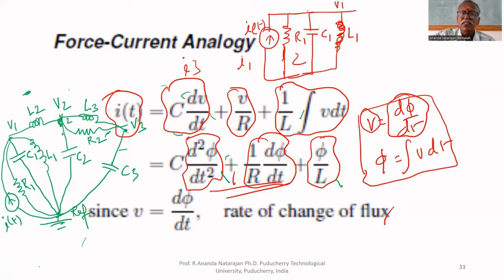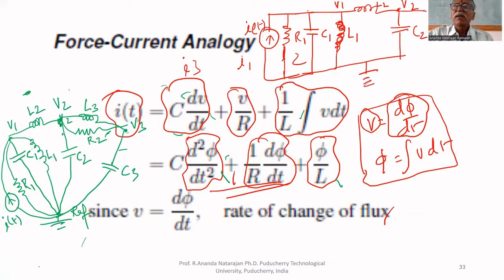This is also V1, and this is also V1; no element is connected between them, that's why all are at V1. Between V1 and V2, L2 is connected. Between V2 and the reference, C2 is connected. This is the reference.